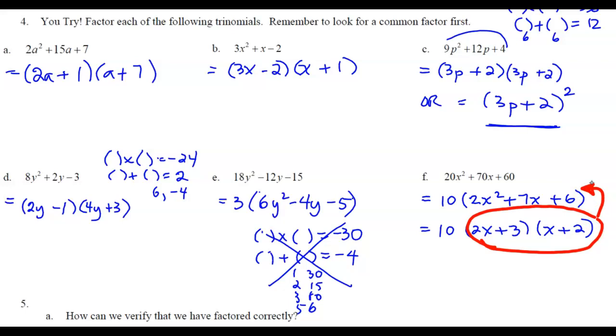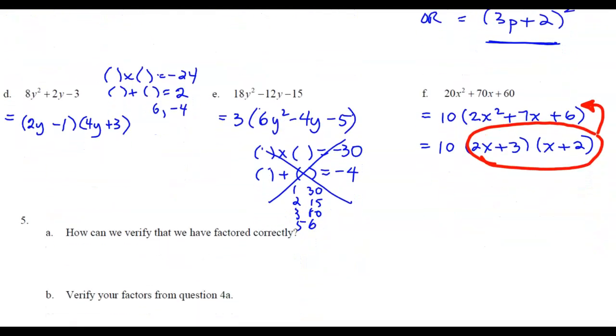Okay, and then multiply through by 10, and hopefully it's the same. Okay, so practice, practice, practice. Expand back to check. There's always a way of checking. And if your last terms don't multiply to that constant term, then obviously you did something wrong.